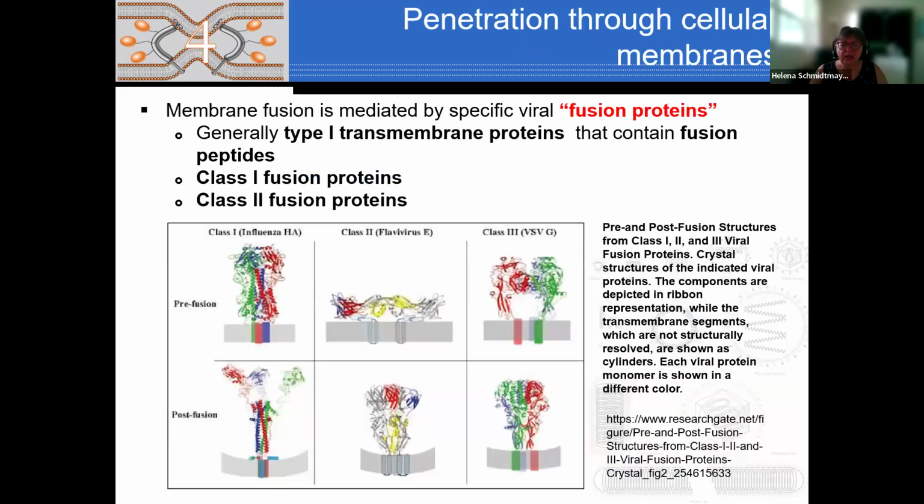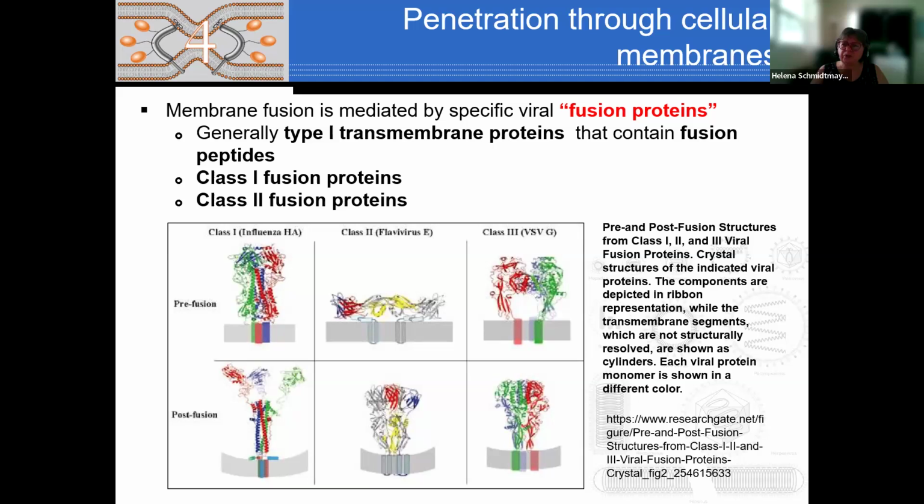target cells. And once they bind to a receptor or enter by endocytosis, they need to fuse. Envelope proteins have so-called fusion proteins.